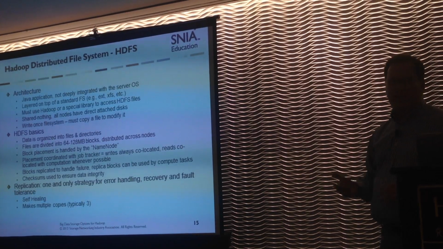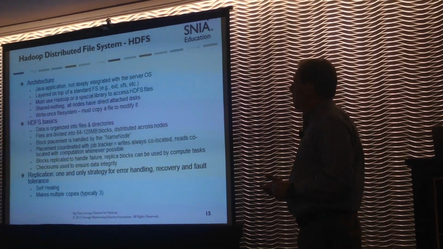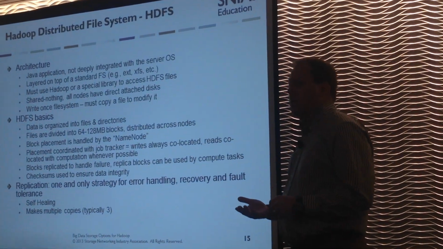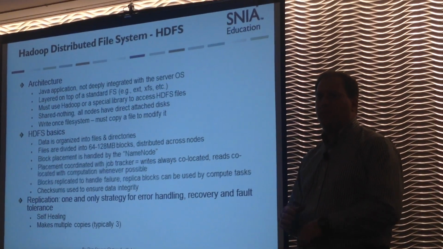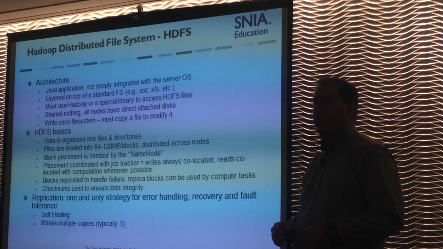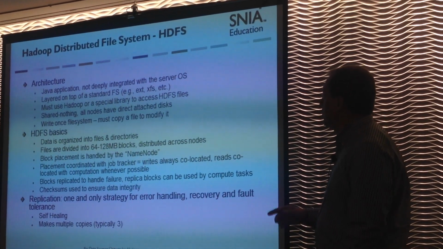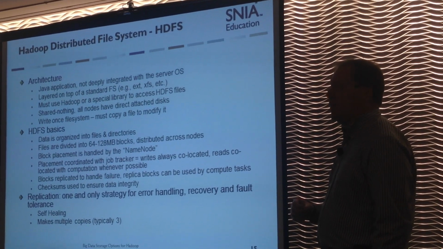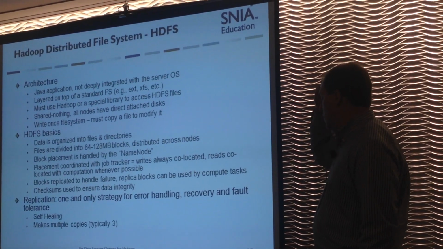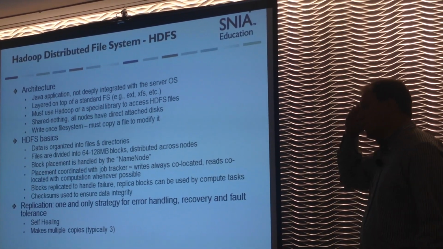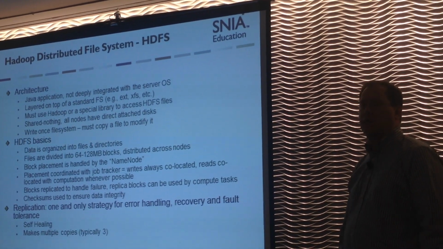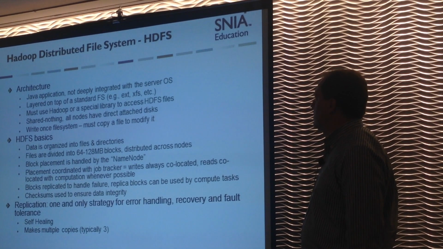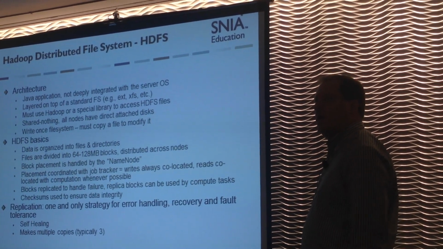So HDFS is a distributed file system, but usually we think about file systems being part of an operating system, but in this case it's an application. It's written in Java. It's not integrated at all with the server operating system. So the files are actually stored in whatever file system is on the box. If it's Linux, it's probably in ext or XFS or some other file system like that underneath.